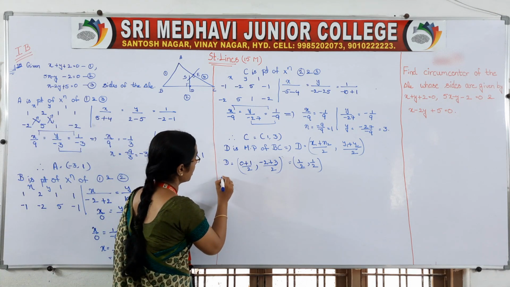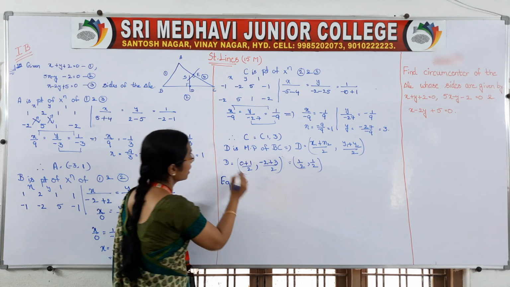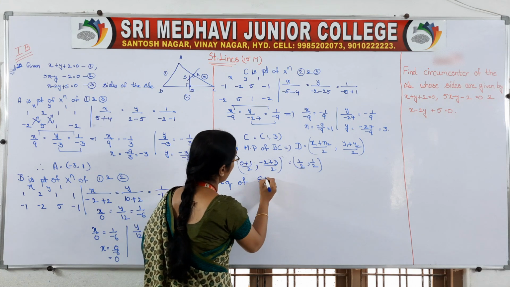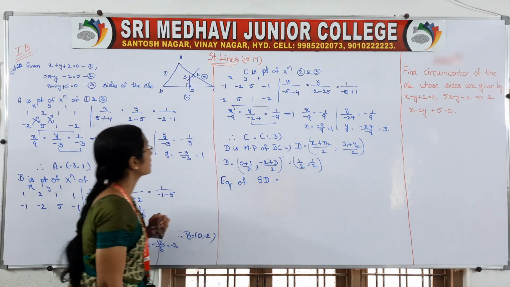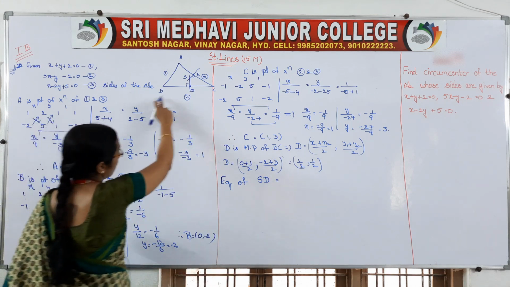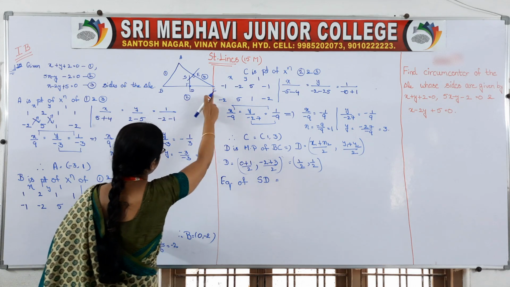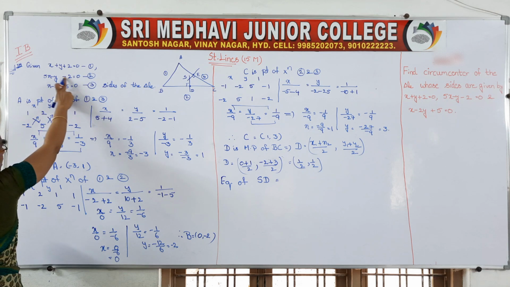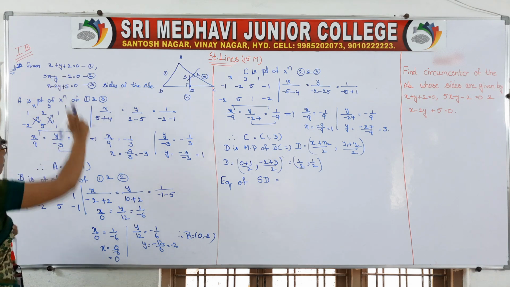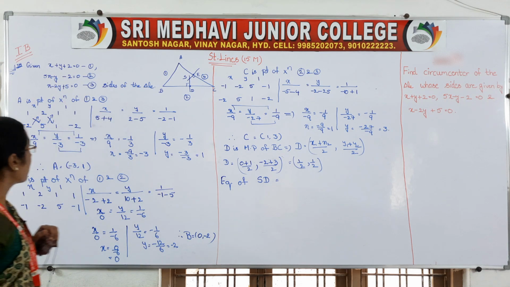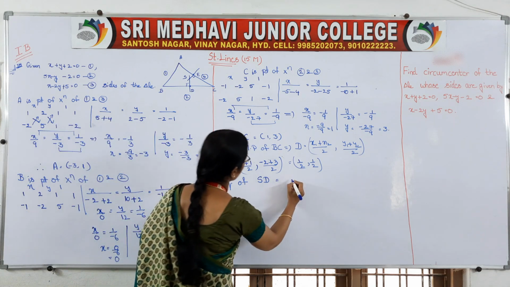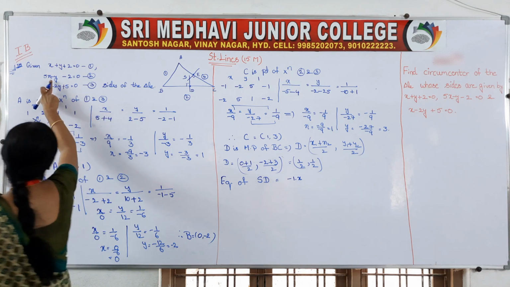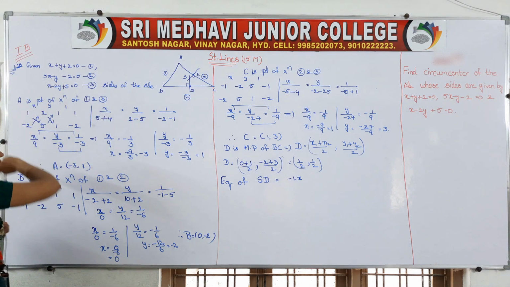Now take the equation of SD. How can we take the equation of SD? Your SD is perpendicular to BC, and BC means the second equation. So it is perpendicular to the second equation. How do we write a perpendicular equation? The y coefficient goes to x and the x coefficient goes with y, with a minus sign in the middle, is equal to k. The y coefficient is minus 1 and the x coefficient is 5.